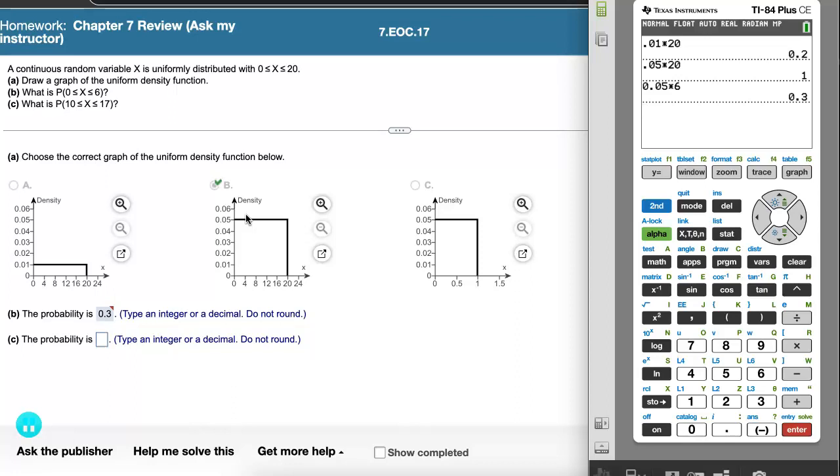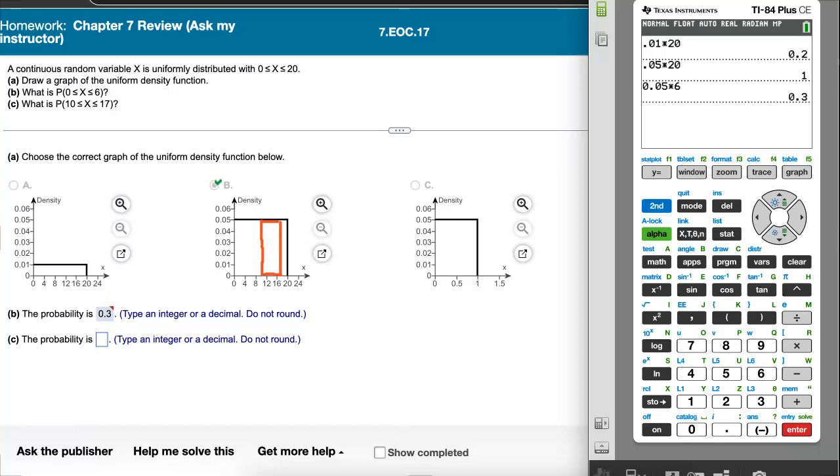So if we apply that same technique to part C, we're looking for a rectangle between x from 10 to 17. And again, what we're describing here is this rectangle. So that rectangle has a height of 0.05.